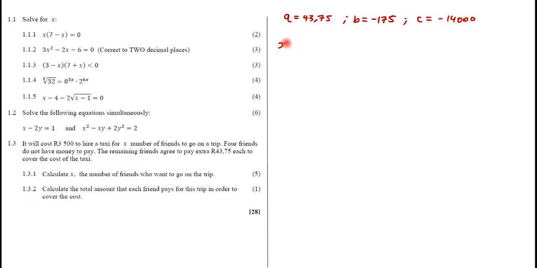So let's go ahead and go into the quadratic formula. You can write the quadratic formula, but at this point, because you have already written it on the first question, 1.1.2, I don't think it is a mark at this point. They just want you to use it as a tool, so you don't have to show it, but it is best to show it so that you can show them that you know what you're talking about, right?